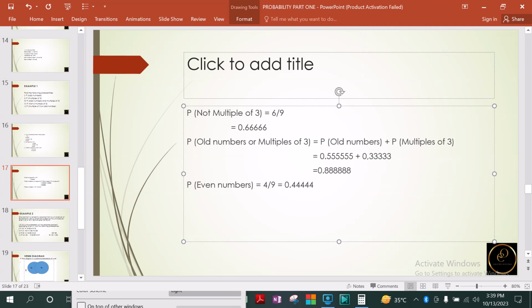The probability of even number is that. Now, I want to prove a point. I want to show that the sample space is made up of the odd number event plus the even number event.